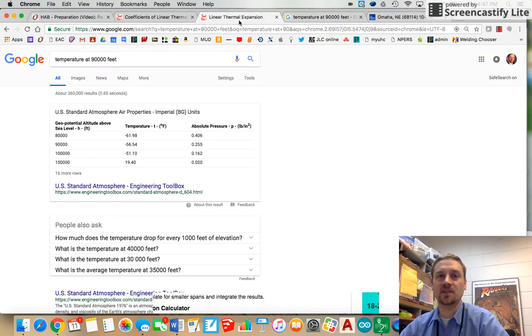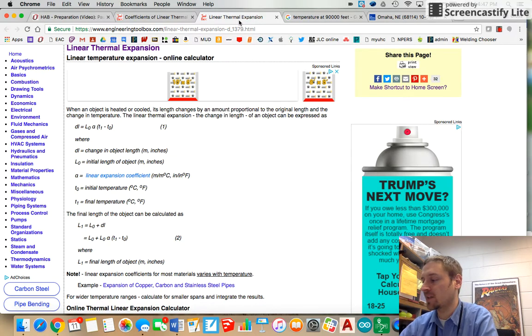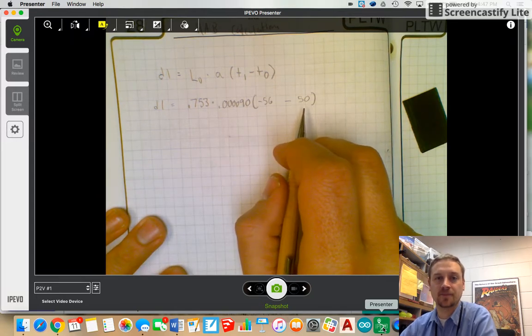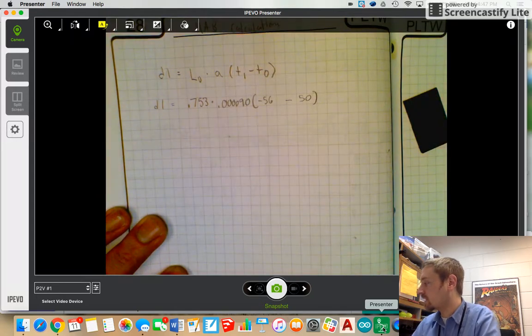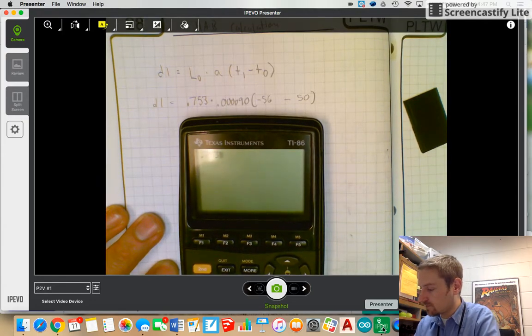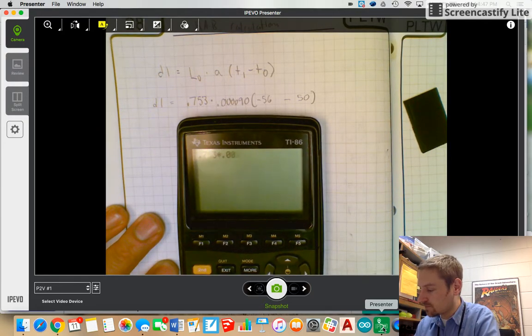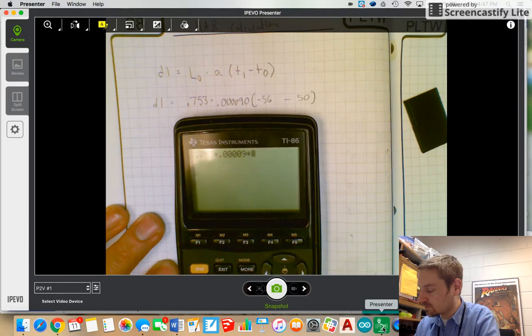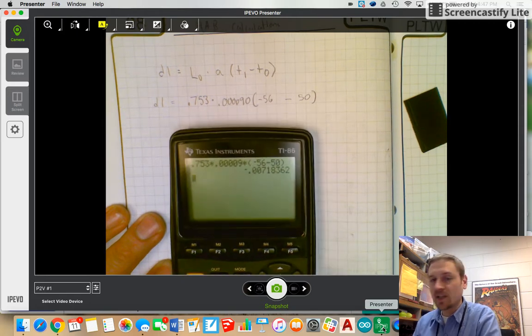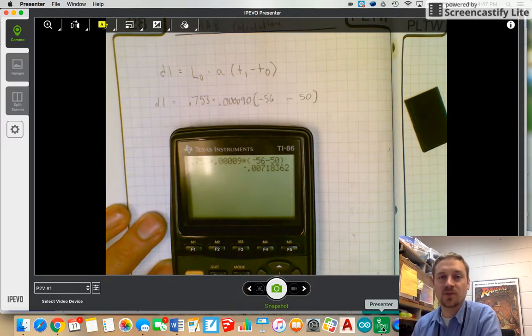So for this example, we could try that. We have 50 degrees at launching. So if we plug that in, we get negative 0.00718.